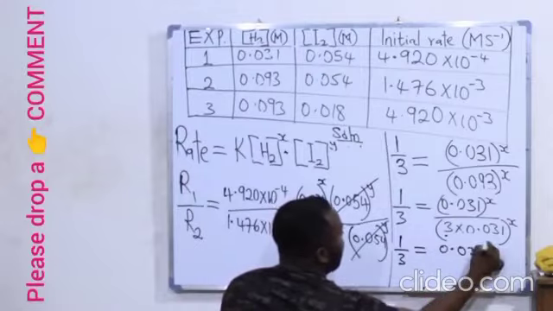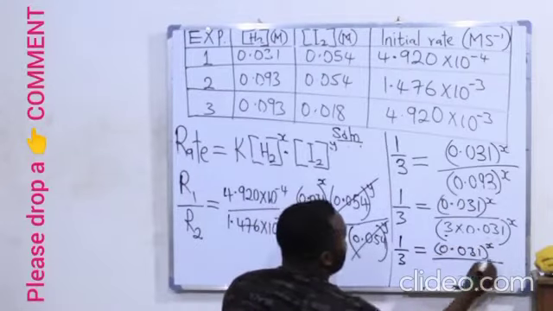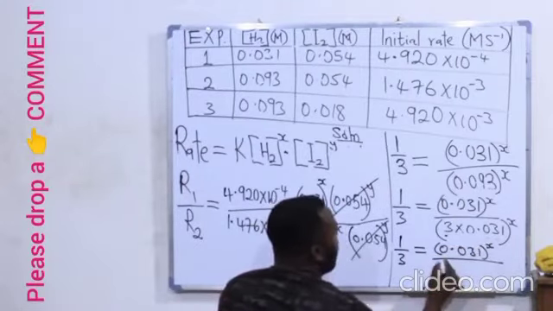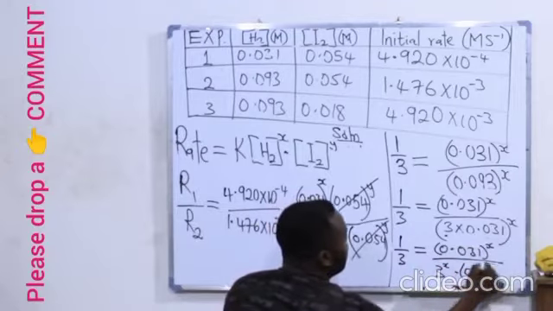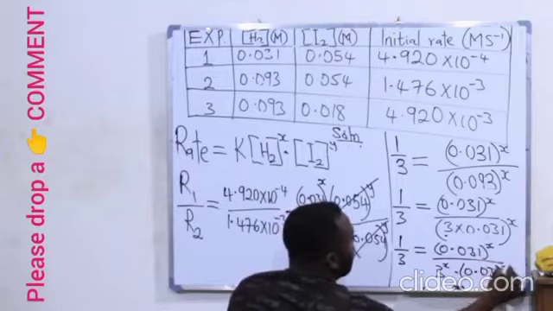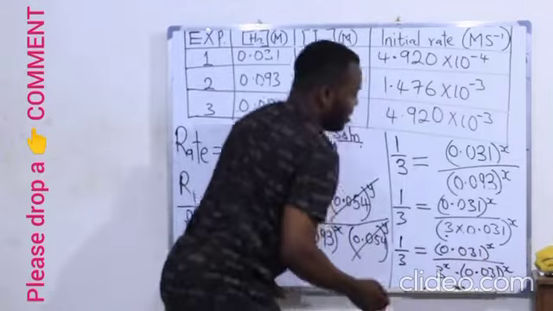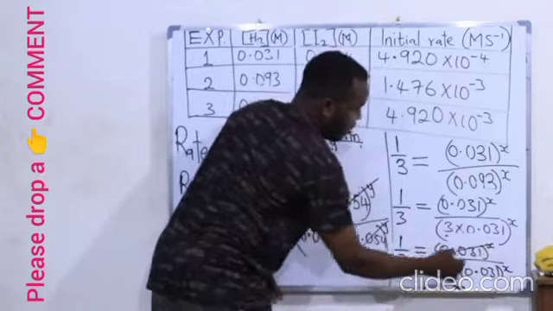0.031 raised to power X divided by 3 power X times 0.031 power X. You can now see that this will cancel this.